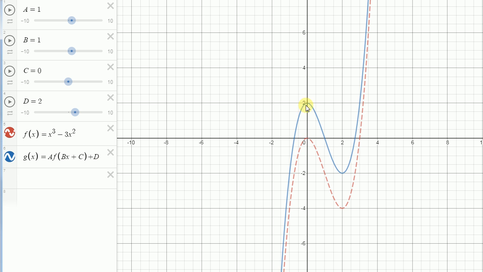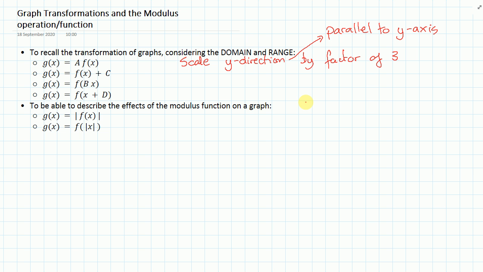Every point on the graph has moved 2 vertically. So again, D is translate in y direction, or again parallel to the y-axis.